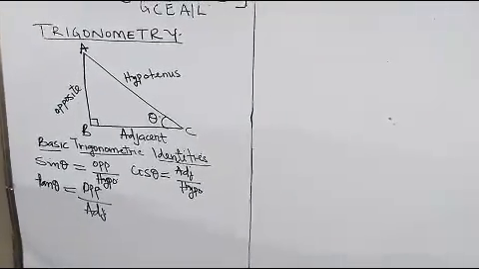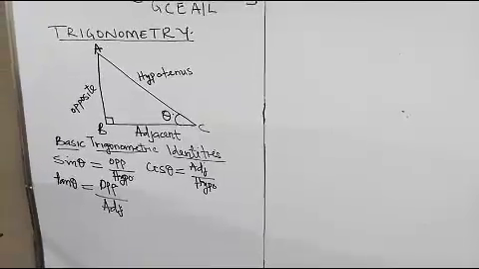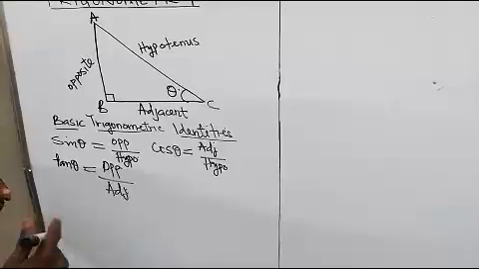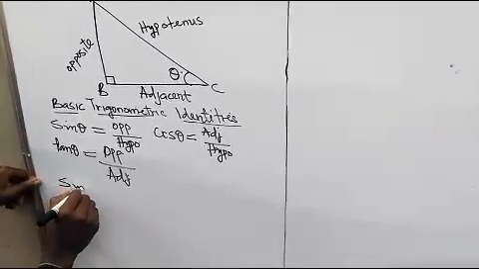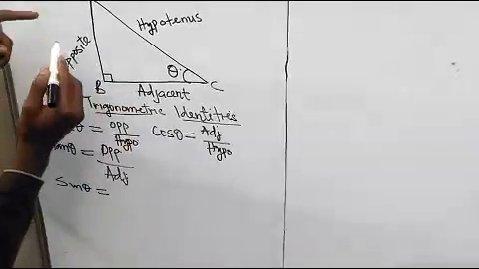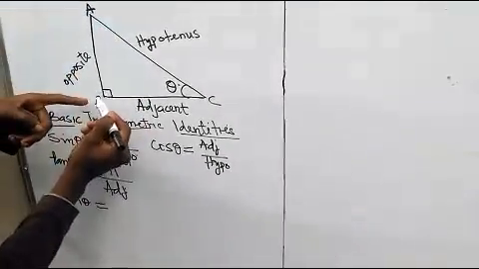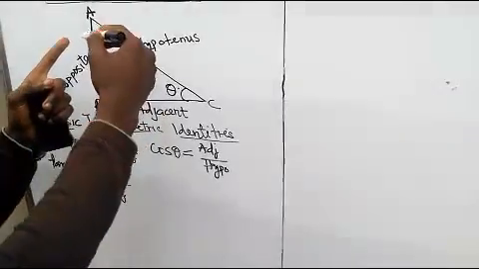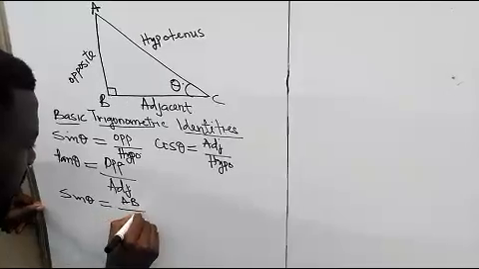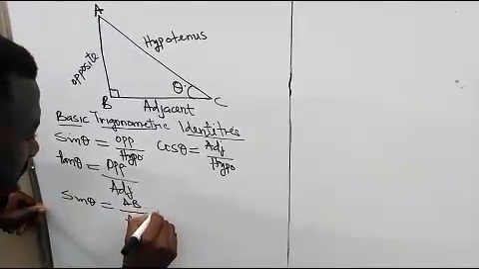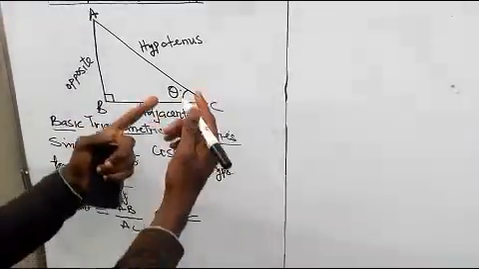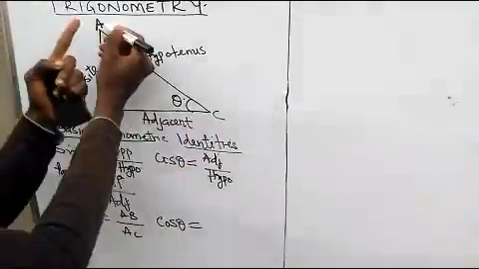Now we are going to replace our opposite, adjacent and hypotenuse by their sides. If you look, sine theta is simply the opposite on the hypotenuse. The opposite side of this angle is AB, and the hypotenuse side of this angle is AC. So we are going to have AB on AC, and cos theta, which is simply adjacent on hypotenuse, is giving us BC on AC.